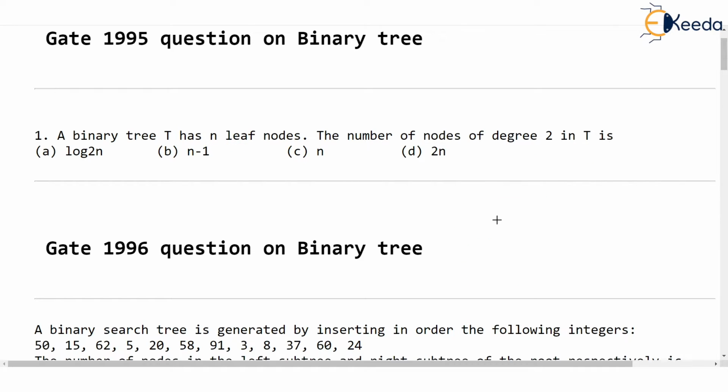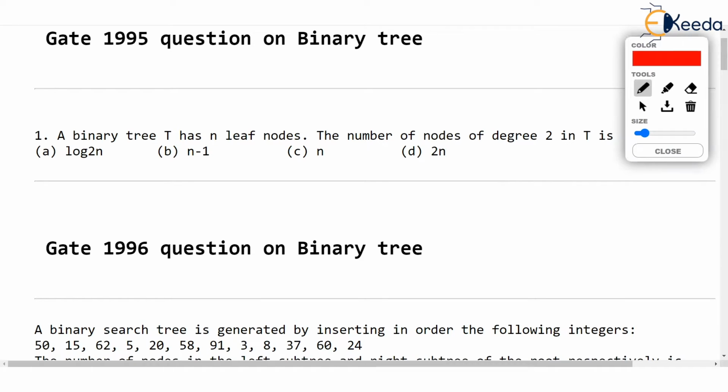So when the number of leaves is 1, the number of nodes of degree 2 is 0. Let's try again. What if I show a tree like this? Now there are two leaf nodes, and this is the root I am pointing to.